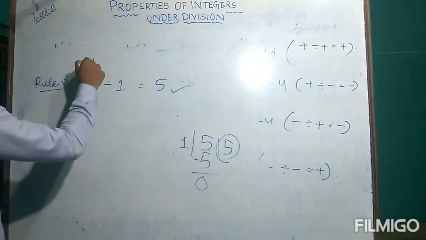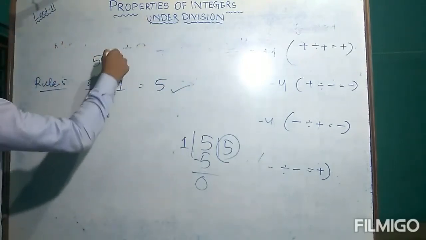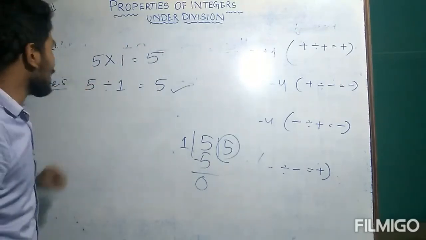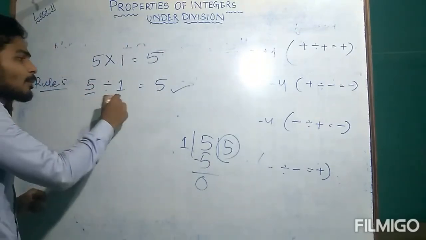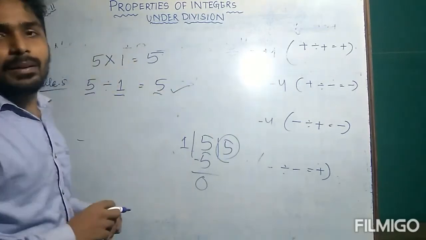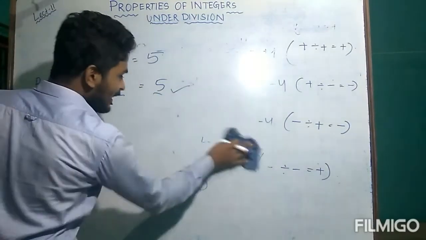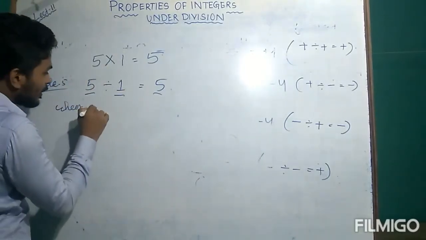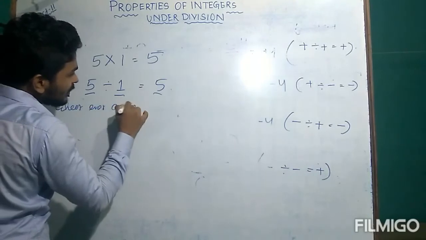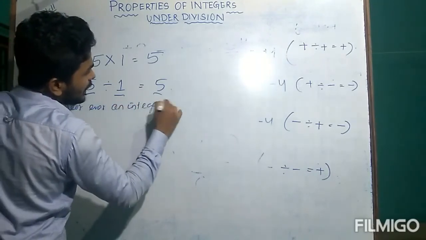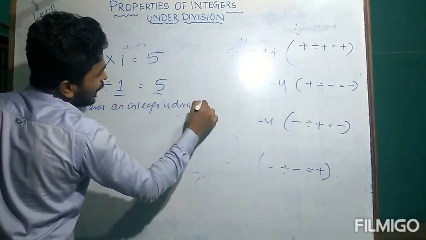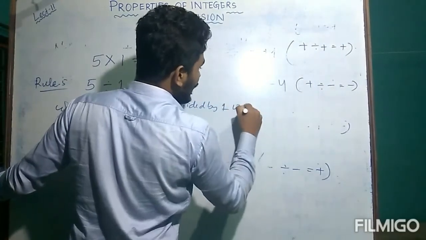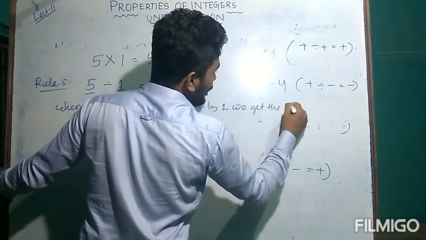We have studied that when a number is multiplied by 1, we get the same number. Here also it is similar: whenever an integer is divided by 1, we get the same number.